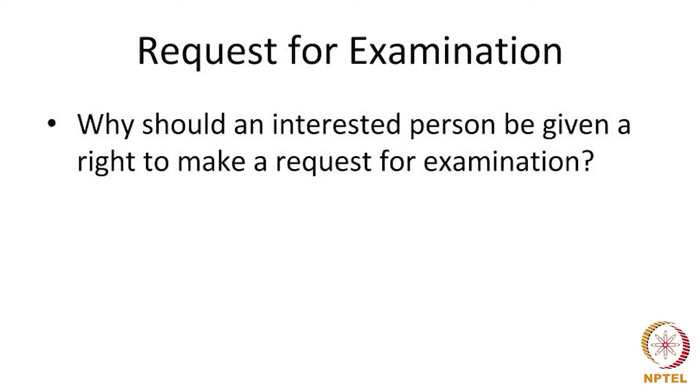Now, this is the definition of a person interested, whereas the language that is used in 11b is that of an interested person, and this language is definitely a different one, and you can compare it with section 25(2), which is on post grant opposition. Section 25(2) states that at any time after the grant of a patent, but before the expiry of a period of 1 year from the date of publication of the grant of a patent, a person interested may give notice.